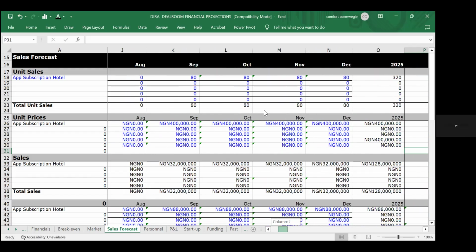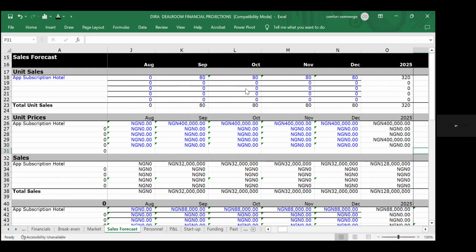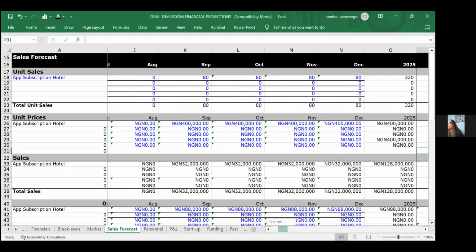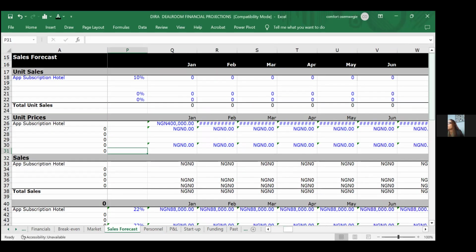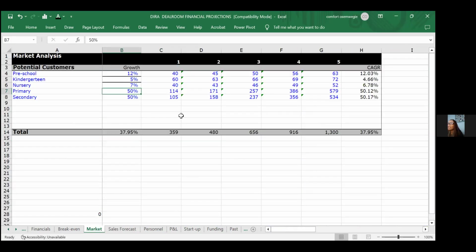Up to December 2025, right? Yes, ma'am. Okay, from 2026, how many are you envisaging? You may not be able to answer that until we answer this market, potential customers.